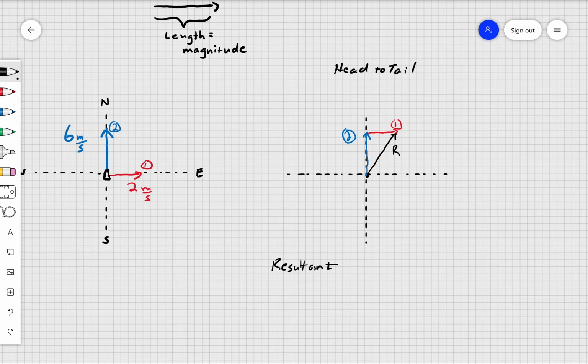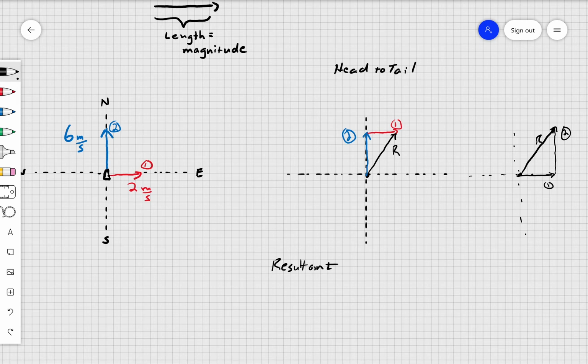Now, to show you that it wouldn't matter which vector you began with, if I started with vector 1, I would copy and paste it in its original orientation, and then vector 2 would be copied and pasted to the head of vector 1 in its original orientation, and then the resultant is found from the origin to the head of the second vector.